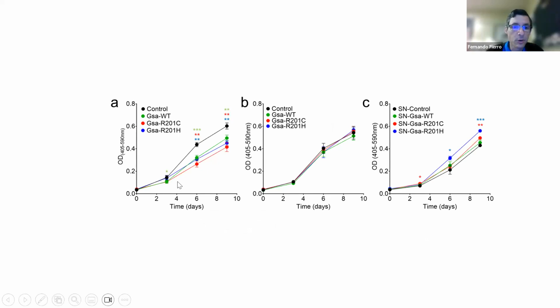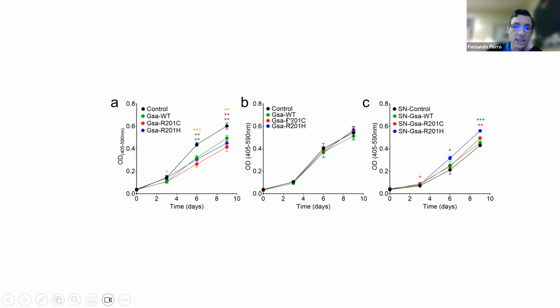Interestingly, when we look at proliferation, the cells expressing mutant GS alpha actually show a downregulation. There's also some effect caused by the wild-type overexpression of GS alpha. However, when we grow these cells in co-culture with MSCs that are not genetically modified, because, I forgot to mention, this condition is typically post-zygotic, with the mutations acquired somatically, people often express both, some percent of cells with normal GS alpha and others with this mutation.